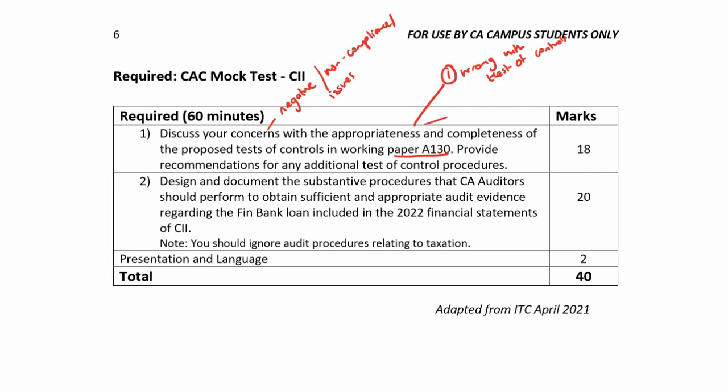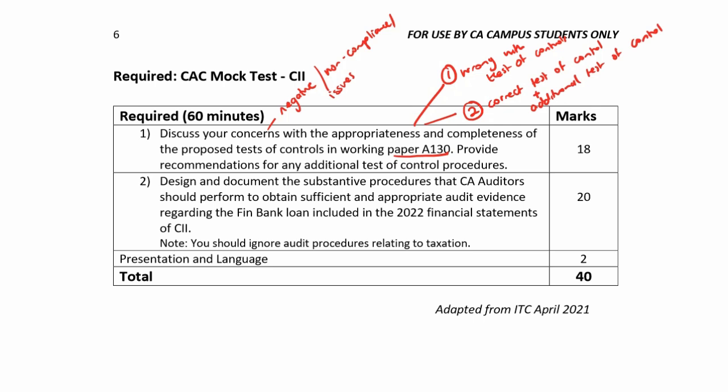And then 2, now that I've found out what's wrong, I need to go and give the test of control procedures that should be there. So for where I've picked up one is wrong, I want to give the correct test of control. And where I found that there was a missing test, I want to give an additional test of control.